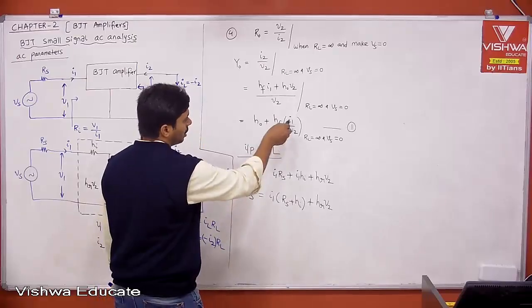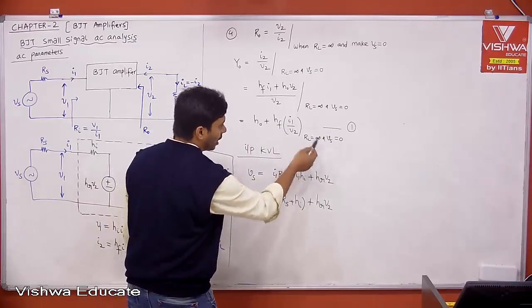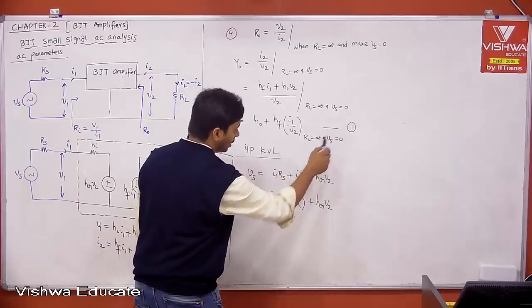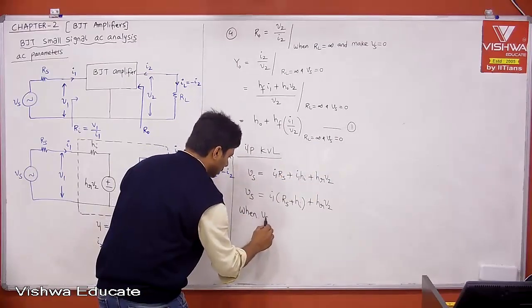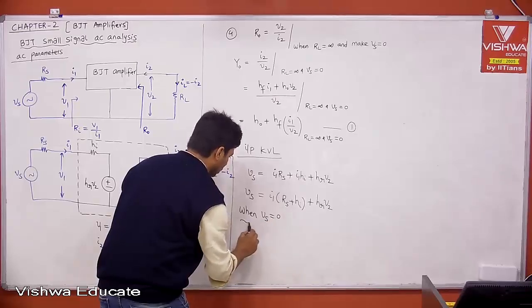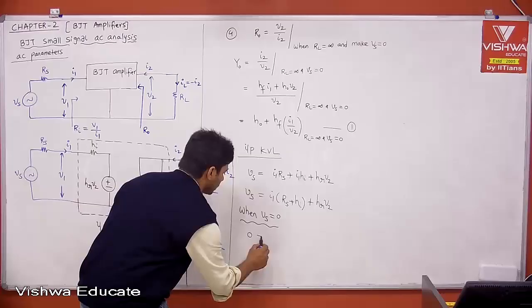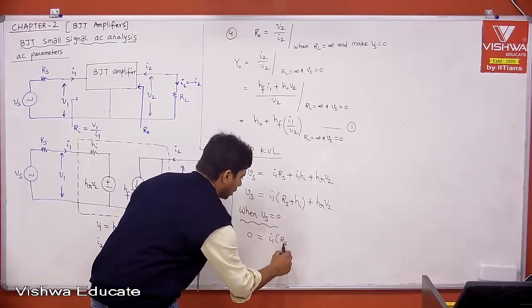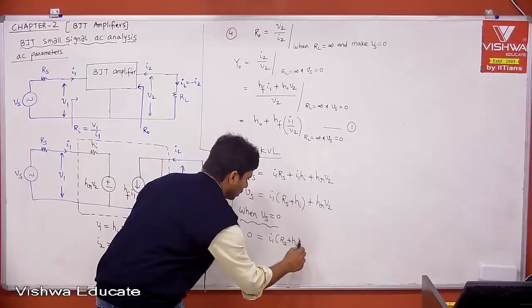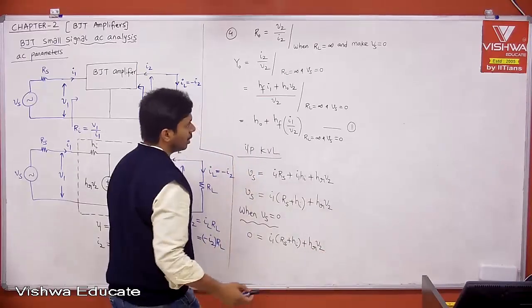But we want I1 by V2 when Vs is 0. Here there is no RL term, so you can ignore that. When Vs is 0, 0 is equal to I1 into Rs plus Hi, plus Hr into V2.